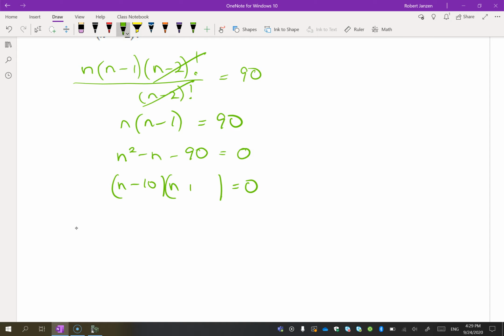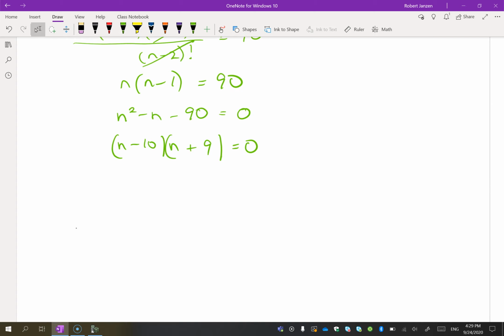Negative 10 and positive 9. Then either n minus 10 equals 0 or n plus 9 equals 0. So n is 10 and n is negative 9. It can't be negative 9, because you can't have a negative number for factorial. So there's our answer. n is 10.